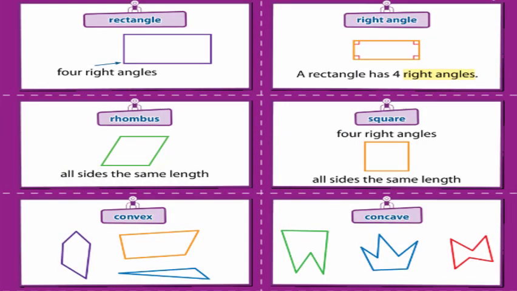Okay, now we have rectangle. A rectangle has four right angles. But before going to right angles, quickly tell me how many pairs of parallel sides a rectangle has. Excellent.